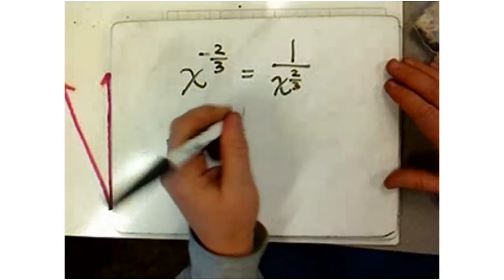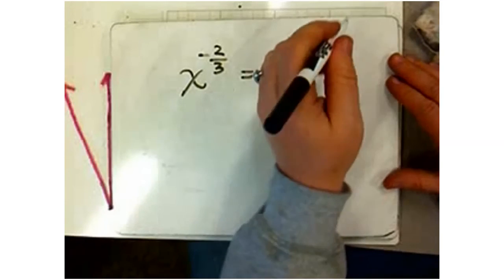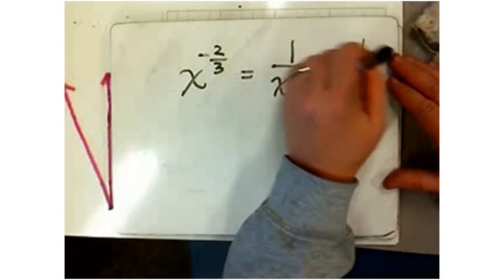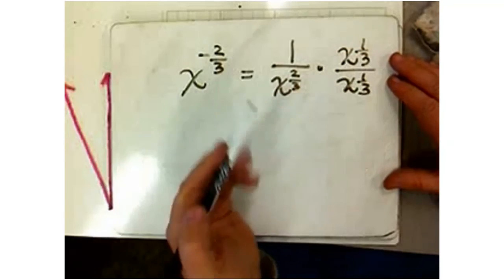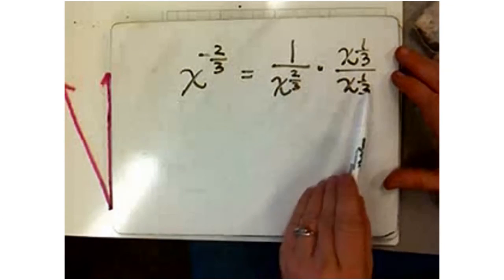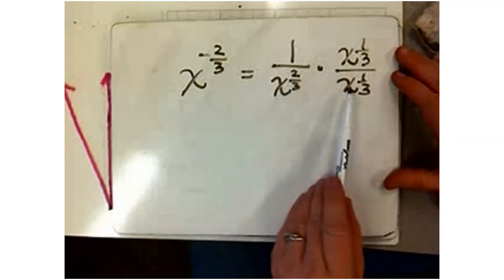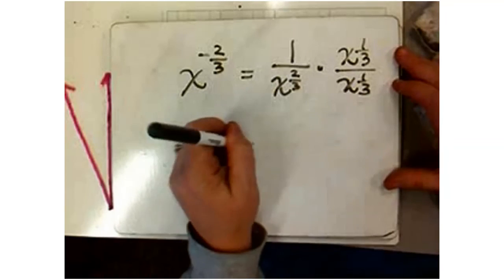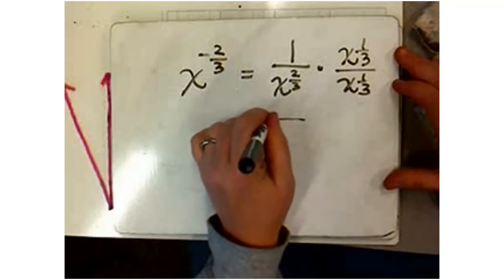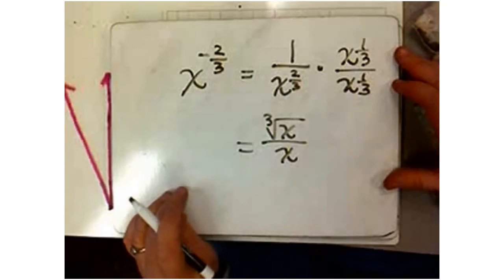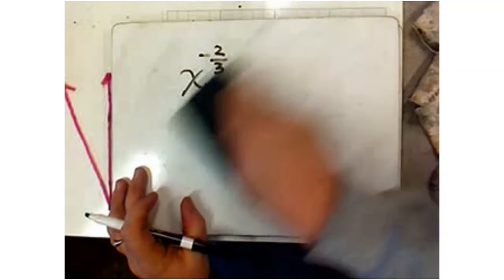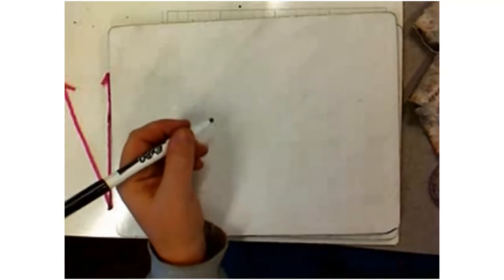You would rationalize that by multiplying it times x to the 1/3 over x to the 1/3, right? Because 2/3 and 1/3 added together becomes 3/3, which is 1, and x to the 1 is x. So you'd actually have the cube root of x all over x. Okay? All right, so there's a little review on negative exponents.